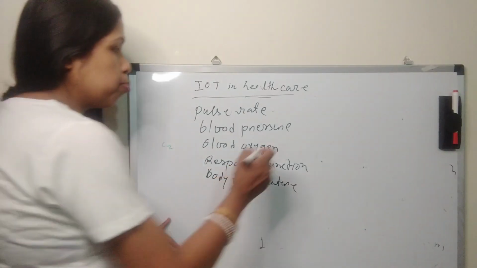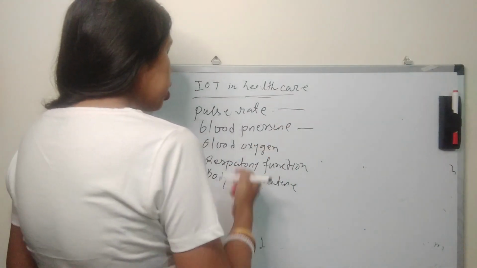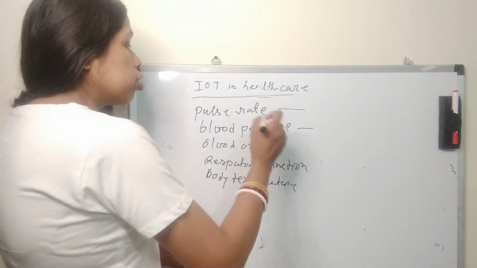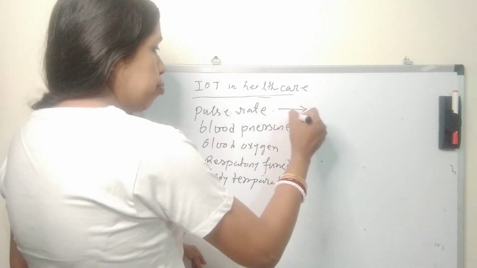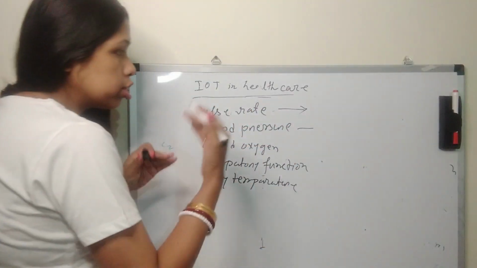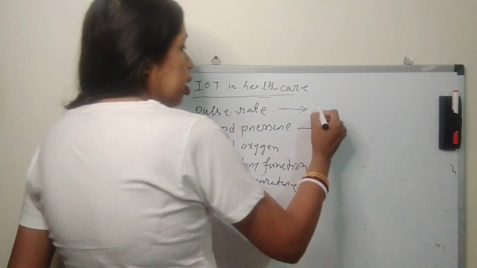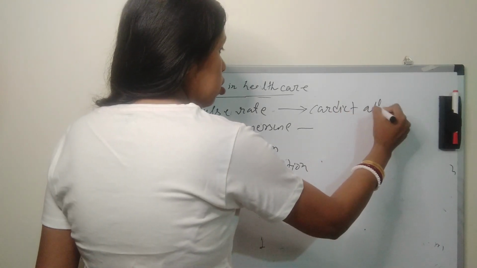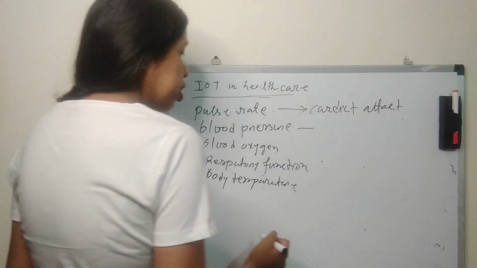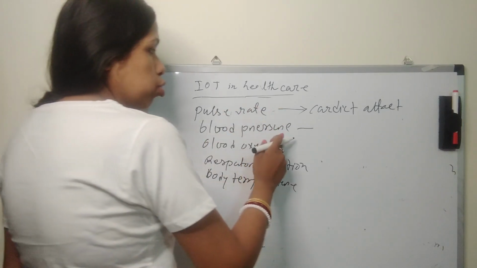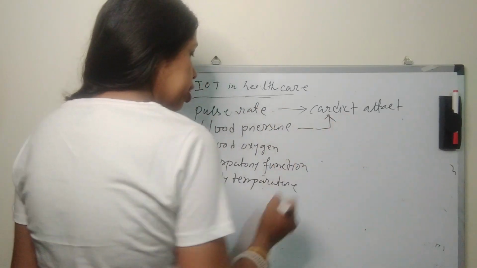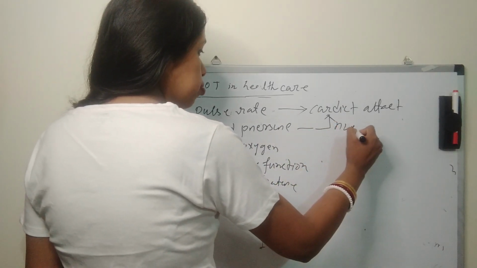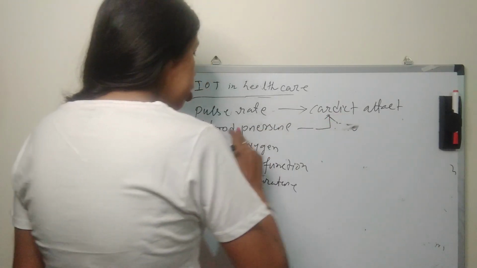Normally the blood pressure and pulse rate are also related. From the pulse rate, what kind of disease may come? Cardiac attack. This mainly comes from blood pressure also, and neuro problems also come related to blood pressure.